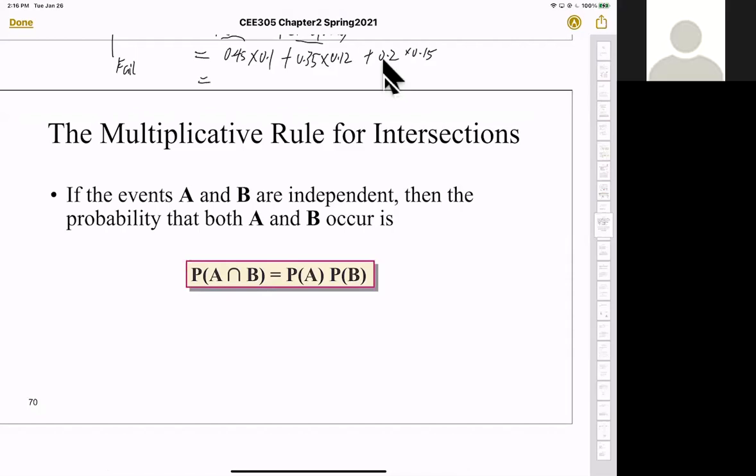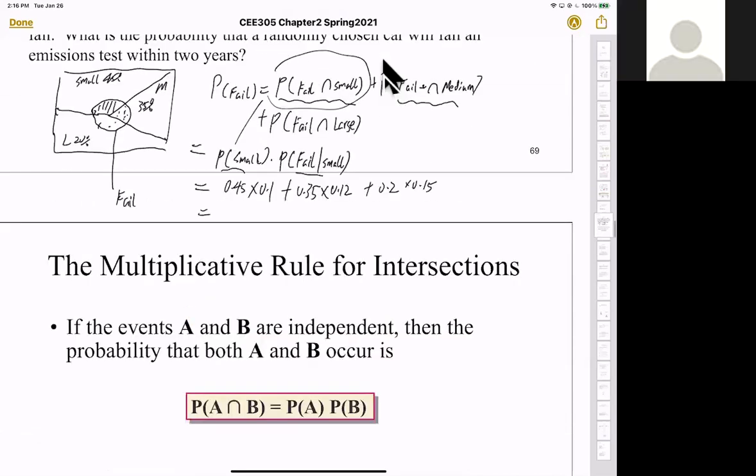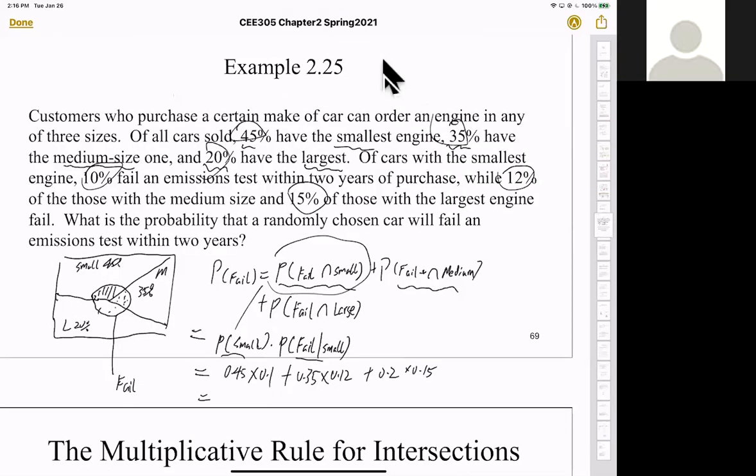All right. I have a question. Sure. So for the last part, the equation, I got a little confused. Like you circled that one part, fail and small, the probability, and then you said it equals probability of small times probability of fail in small. Yes.